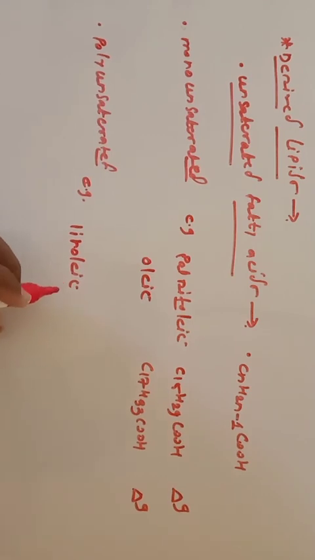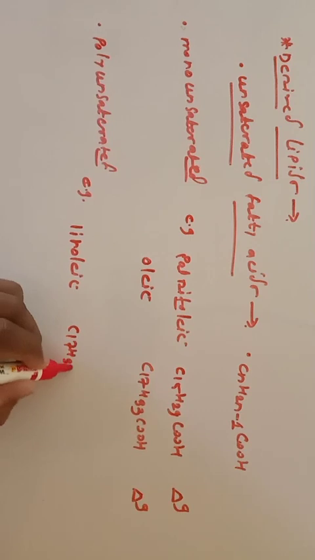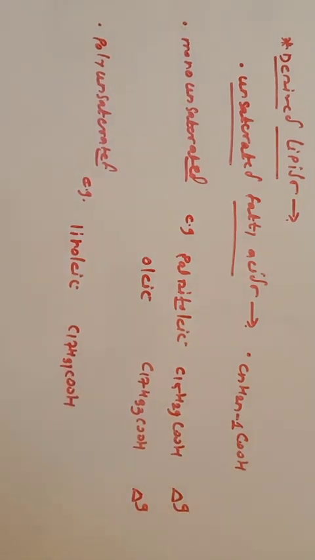Its formula is C17H31COH. The second one is linolenic acid. Its formula is C17H29COH group.